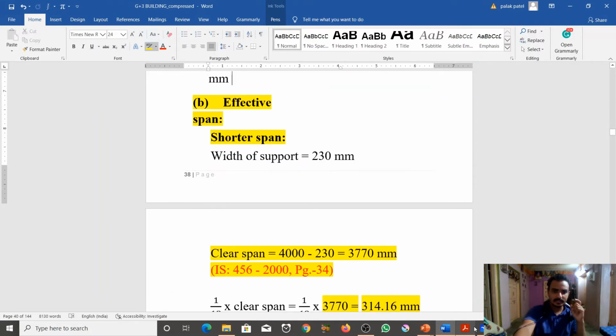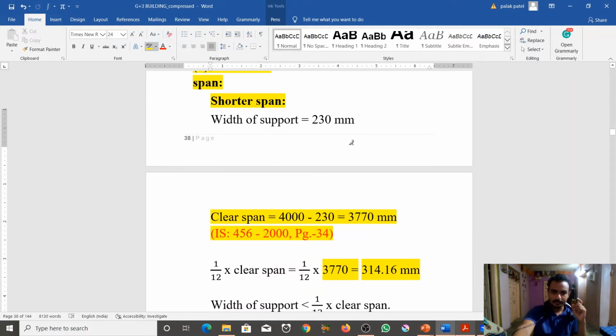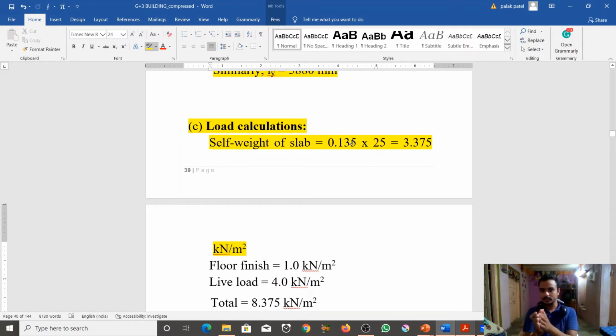Overall depth of the slab is 135 mm, so 0.135 times 1 meter strip times 25. The self weight of slab is 3.375 kilonewton per meter square. This is the UDL.